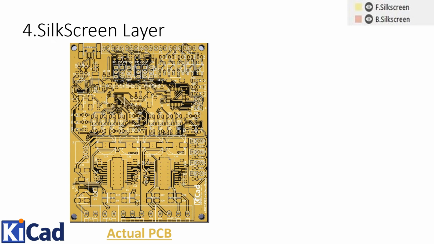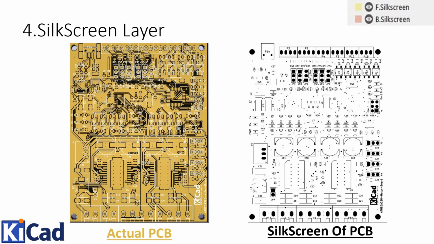You can see this is the actual PCB, and if I want to separate only the silk screen from this PCB, that will look like this. In the silk screen you will see this marking of the capacitor C14, an indication of which side is positive.